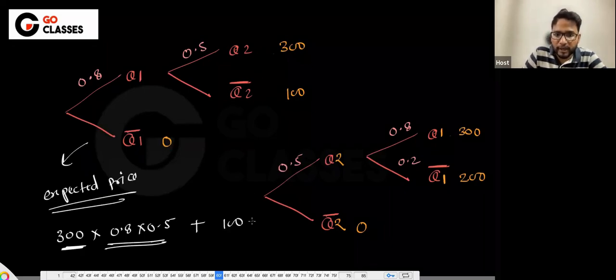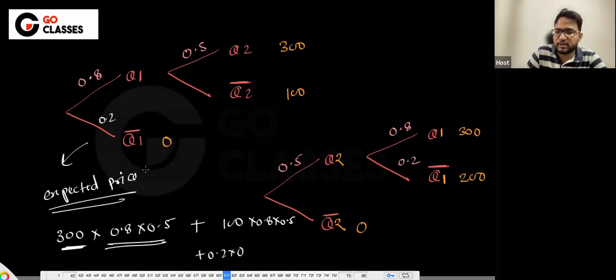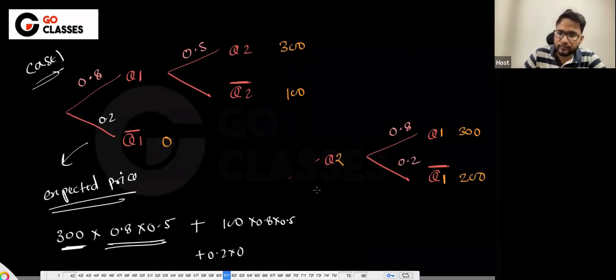I think 0.8 into 0.5 probability. And with how much probability am I getting 0? It does not matter actually, but it is 0.2, so 0.2 into 0 you can write, or it does not matter since it is 0. Okay? So this is the expected price in case 1. Let's just call it case 1. Let me remove this. So this is the expected price in case 1.